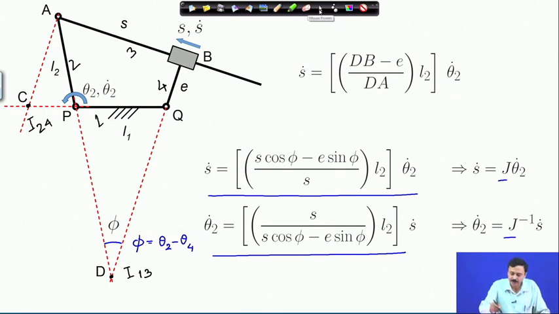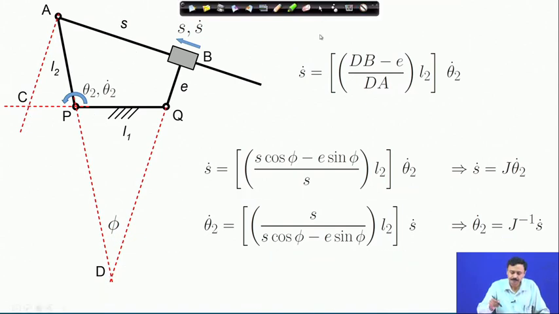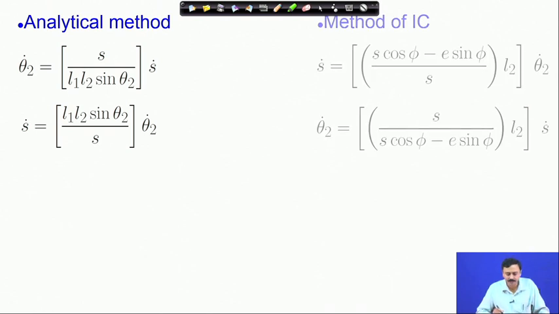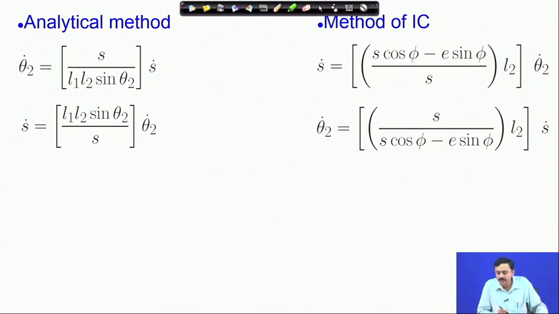So, let us compare them. So, these are the expressions of the velocity relations obtained from the analytical method, and on the right I have written out the velocity relations obtained from the method of ICs. So, definitely the expressions on the left are more simple, because here you have to determine phi.